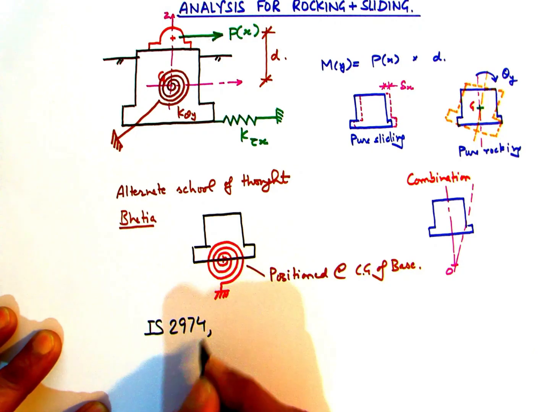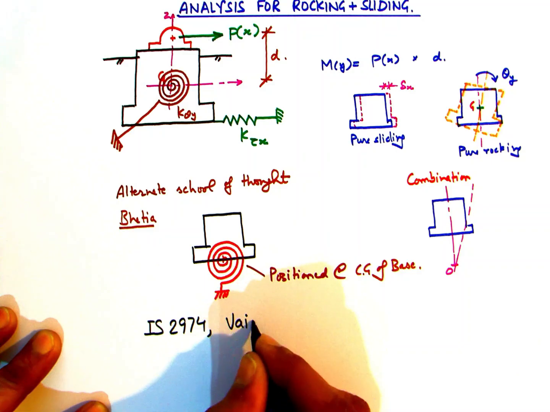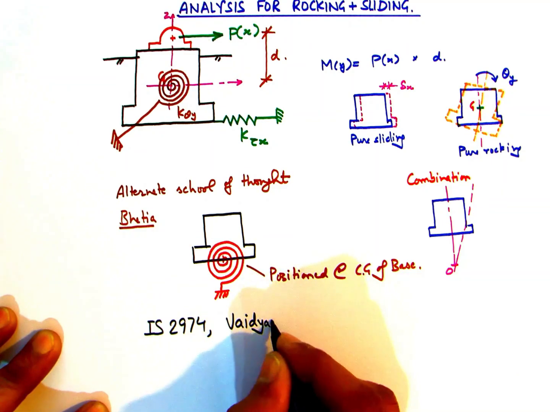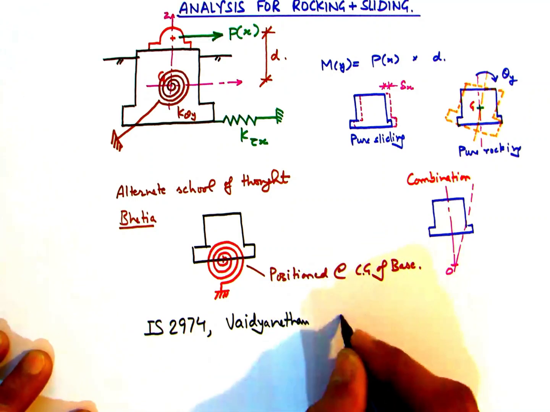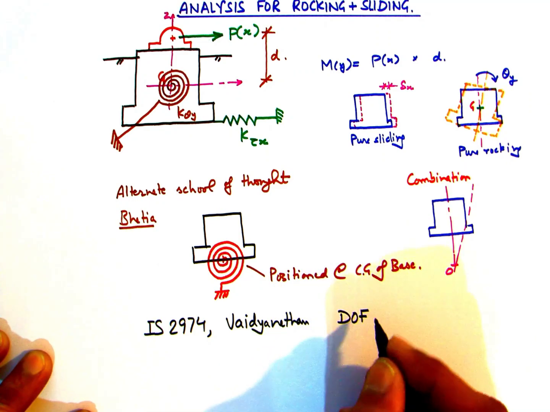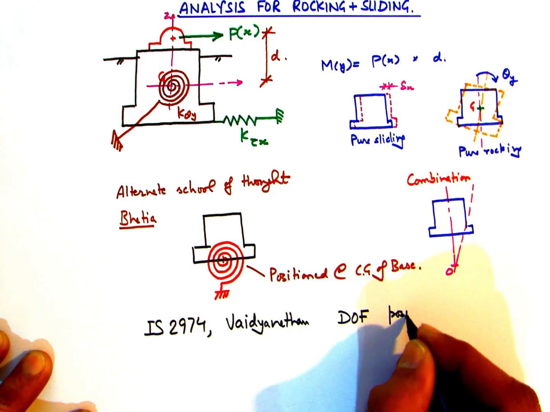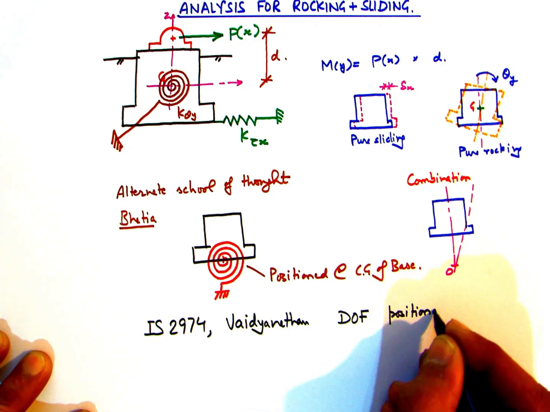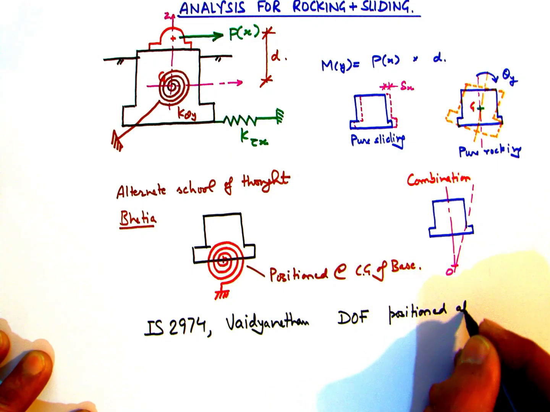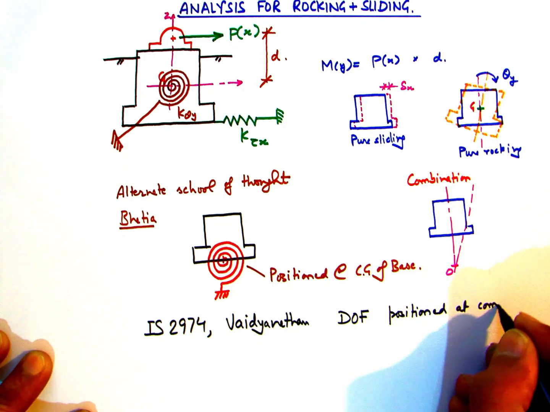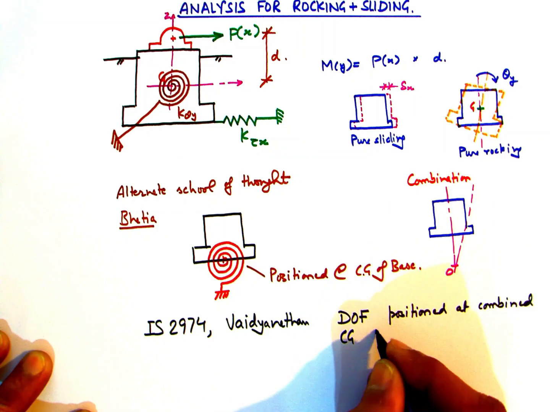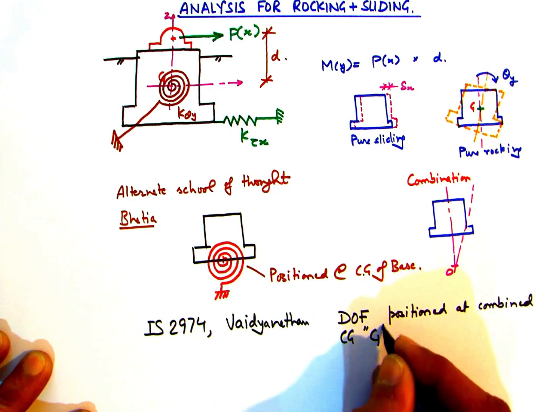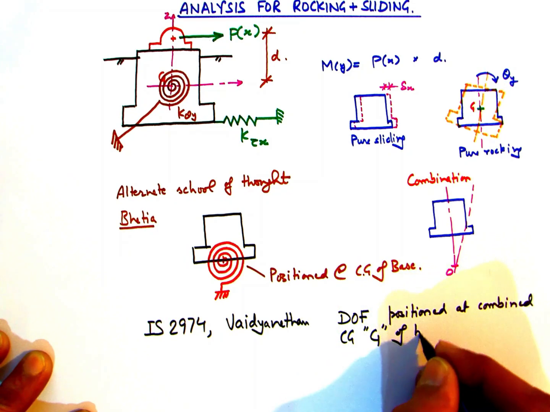But if we go with regard to IS 2974 and also the book of Vaidyanathan, the rotational degree of freedom is assumed to be positioned at the overall CG of the machine, the main block and the base of the foundation system, as is shown at the top diagram.